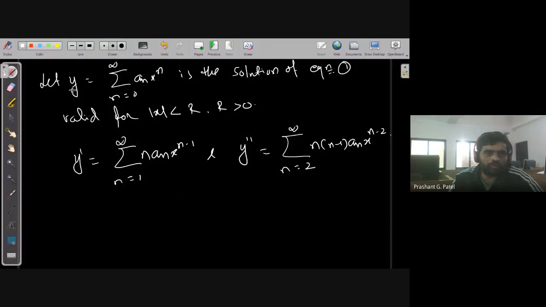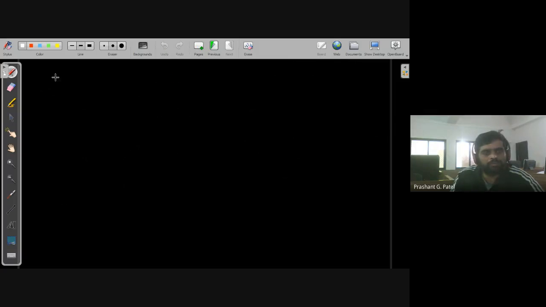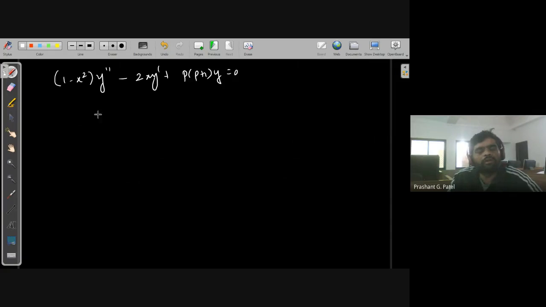Substituting these values of y, y dash and y double dash into equation 1, let us see what we get. That is (1 minus x square) y double dash minus 2x y dash plus p(p plus 1) y, which is the Legendre equation.